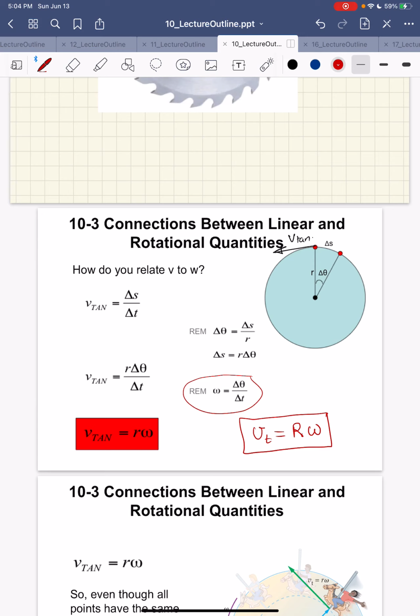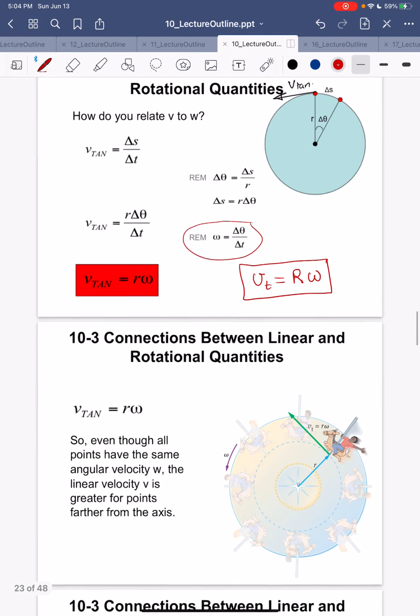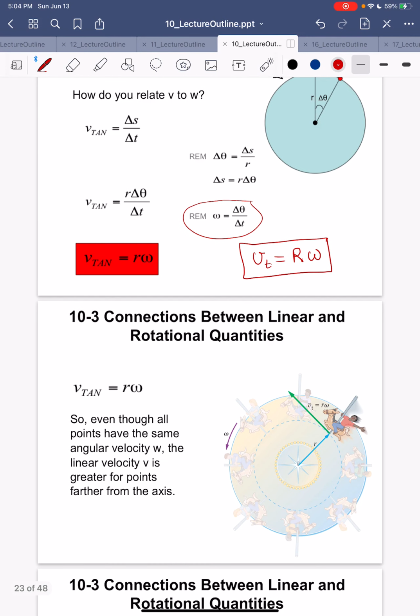If you know how many radians the object is making in 1 second, you will be able to calculate the tangential velocity as R times omega. Now, a very important result that you're going to notice is that if omega is going to be the same, then based on where the object is located, its linear velocity is going to change.